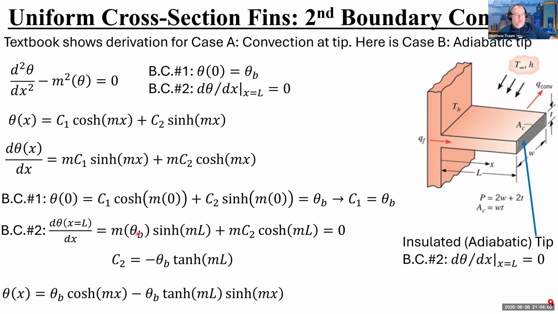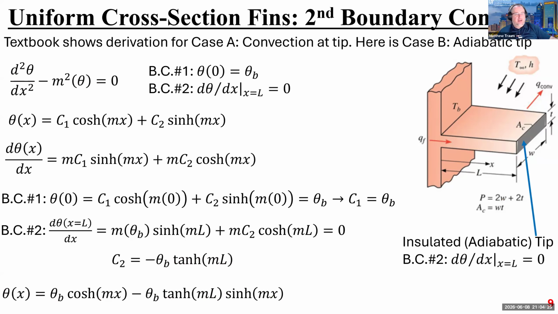And what pops out of this is that C2 is equal to minus theta b hyperbolic tangent of ML, right? So now I've got C1, I've got C2. I could take those and plug them back into my equation. And so I get this guy down here, right? So that's basically the solution to this differential equation given that I know the temperature at this spot and I know that this spot is adiabatic.